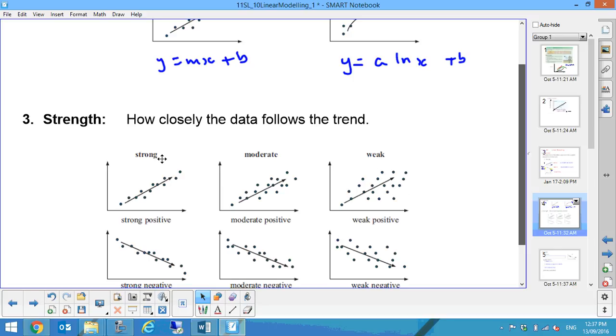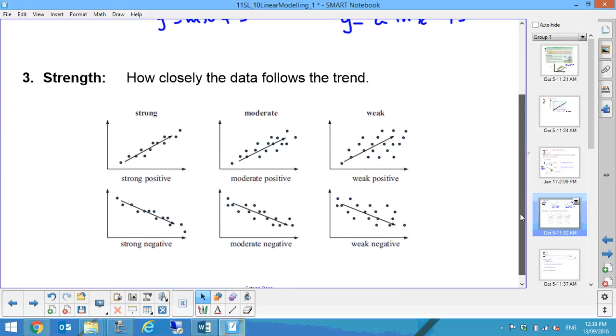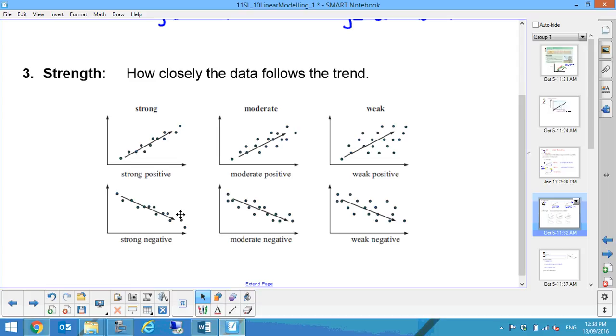So strong correlation means really close to the line, then moderate and weak. So we can talk strong positive or strong negative. Here, the points are really close to the line, but it's a negative slope. In this case, we've got moderate positive, reasonably close to the line, but it's a positive gradient. Here, negative gradient, reasonably close to the line.